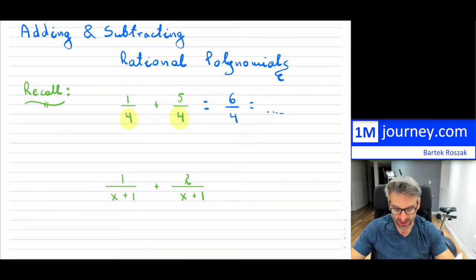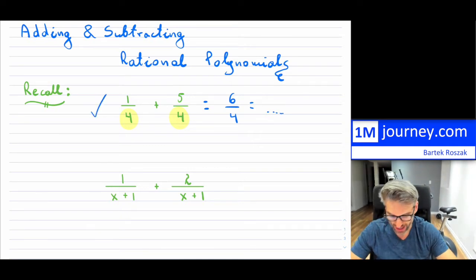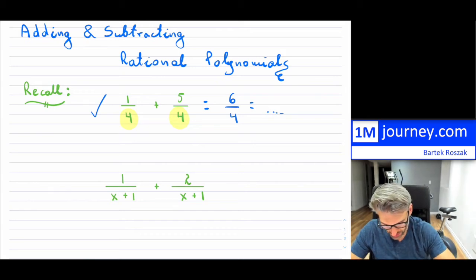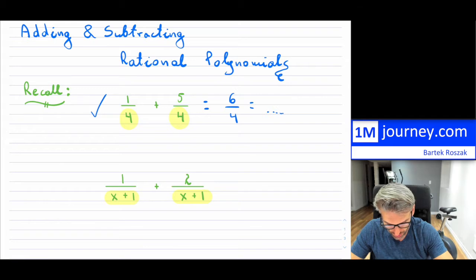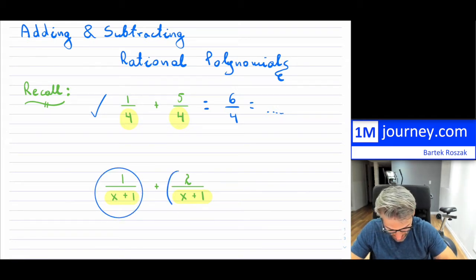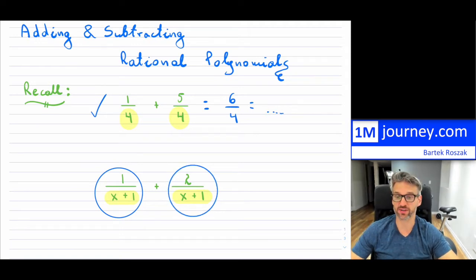So just like here, when we have our regular fraction, that's what we want to see within our denominators for some rational polynomials. Notice I have an x plus 1, and I have it under both terms. So these two terms that I have, this one right here, which is one term, and here is another term, I can just go ahead and add them, or if it was subtraction, I can subtract them.